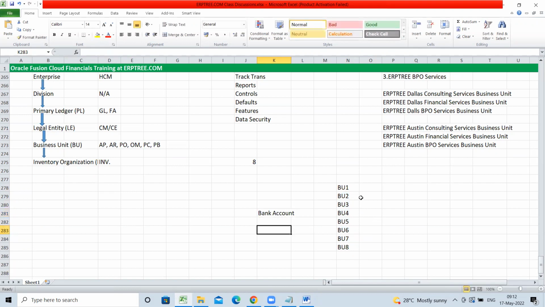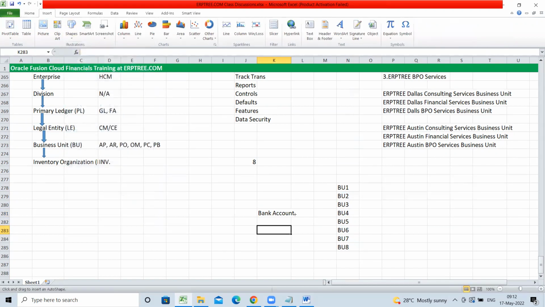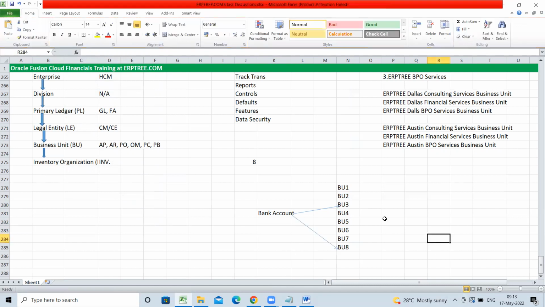This bank account you want to use in which business units? You can assign. The bank account you want to use in BU3, the same bank account you want to use in BU8. For other BUs, you may have other bank accounts.